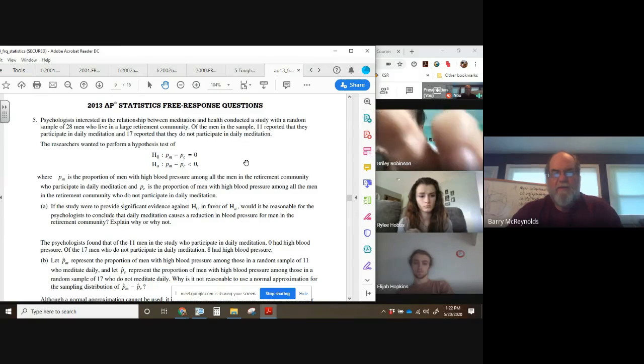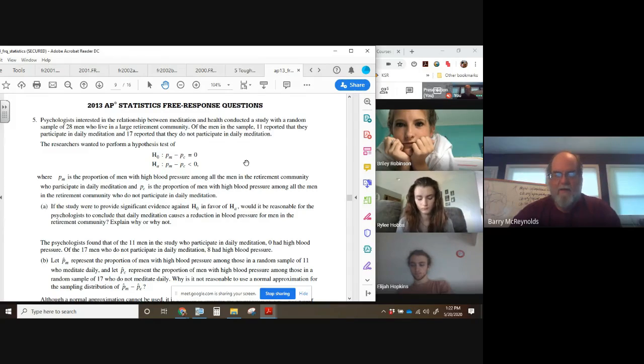Psychologists are interested in the relationship between meditation and health. They conducted a study with a random sample of 28 men who live in a large retirement community. Okay, so the population would be men in this particular large retirement community.